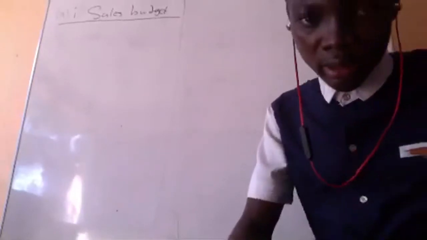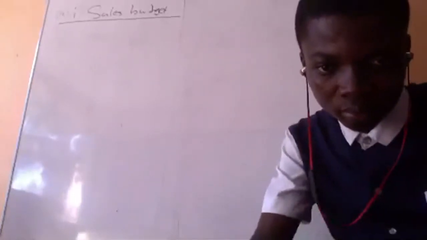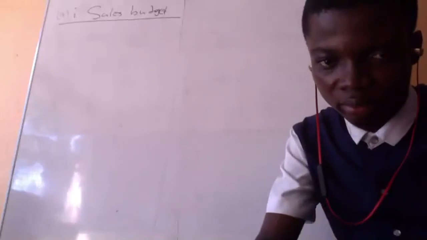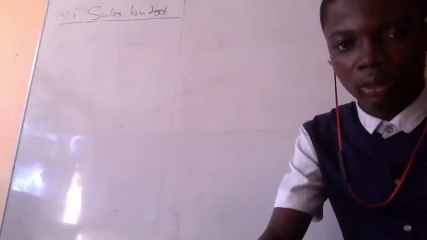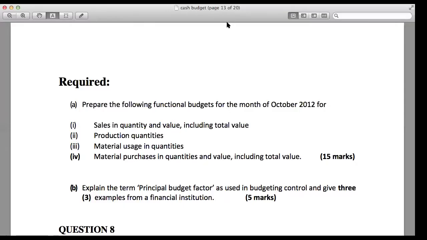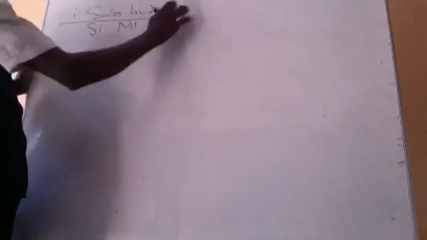The products are SI and MI, similar. And then they requested for the total, right? So probably you can show the total section like this.